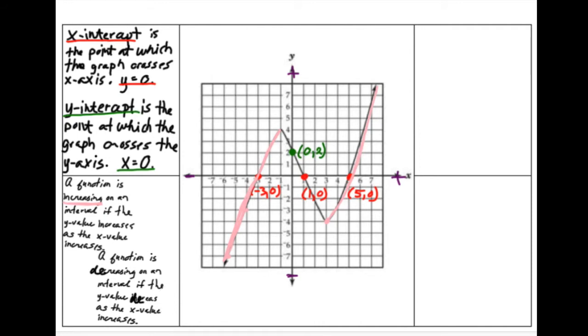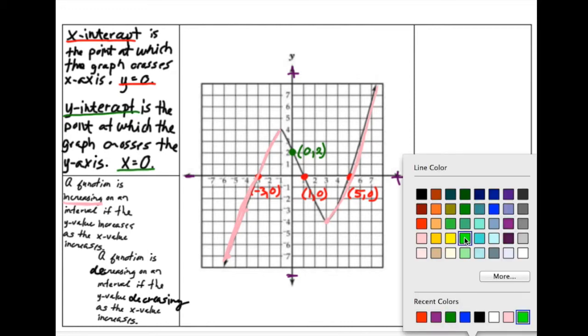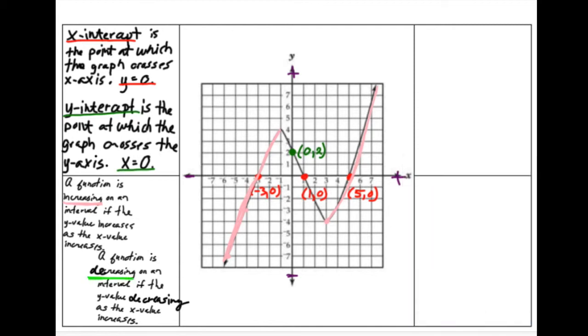So I'm looking at the fact that my y value is decreasing as my x value is increasing. And for this area, I'm going to use kind of a yellowy green, if I can. There we go. So a function's decreasing. And obviously the area that's decreasing is when the y value is decreasing while the x value is increasing, right? So from left to right, you're slanting downwards.